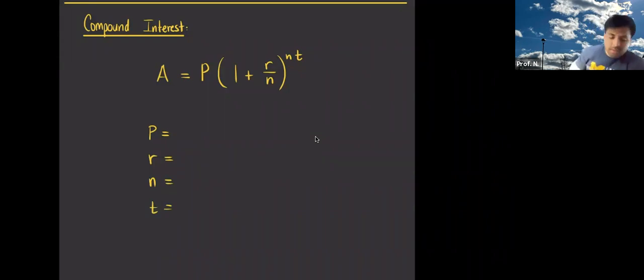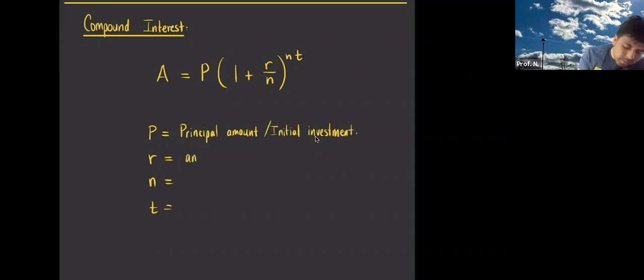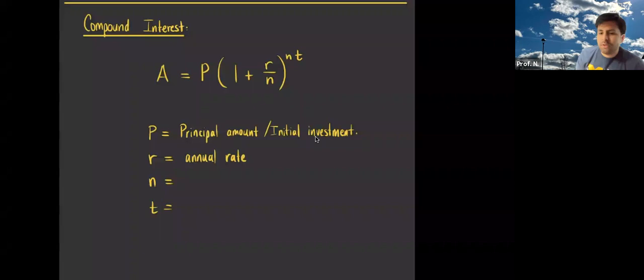So the P represents what's called the principal amount. This is also known as the initial investment. R is the annual rate. It's the annual rate of interest, or I should say annual interest rate.